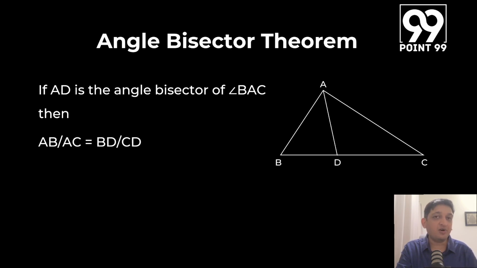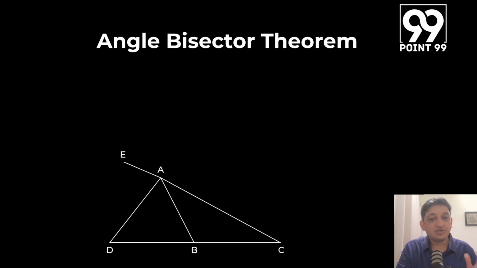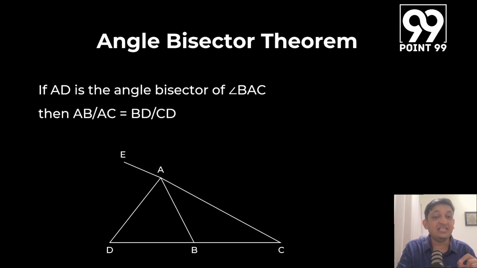What if we are talking about an external angle bisector? So let's say we have a triangle ABC, which is an obtuse angled triangle, and we extend CA to this point E, and we draw AD, which is an angle bisector of BAE. If AD is the angle bisector of BAE, then what are we going to get? AB by AC equals BD by CD. You will observe that this is exactly the same form that we had used on the previous slide.